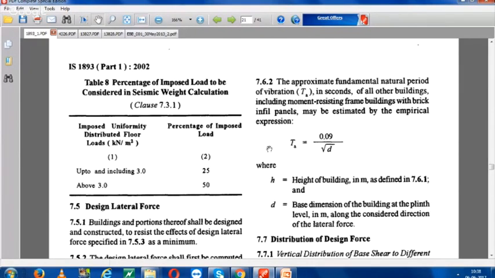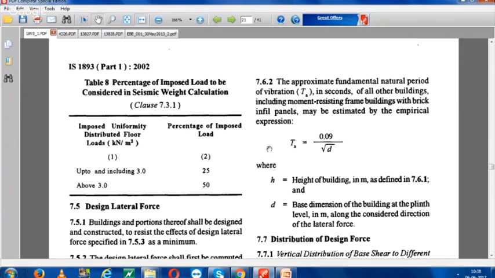One should always remember that the natural period of the building reduces with the increase in stiffness. If the stiffness increases, the natural time period will reduce, and the natural period of the building increases with increase in its mass. See, if mass irregularity is there, the natural period of the building will increase. What is this natural fundamental time period?